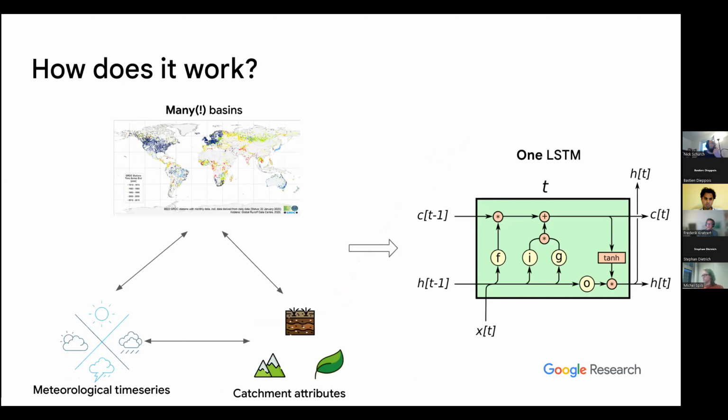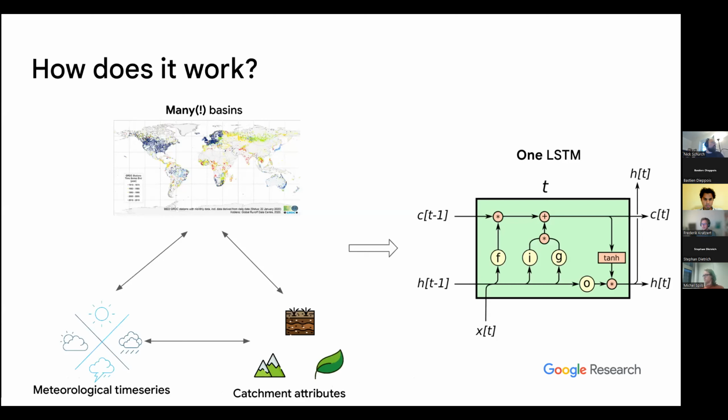Okay, so how does it work? Right, we're here. So you need basins, many basins. What many means is still not clearly defined, right? We have a paper where we applied this approach to a benchmarking competition with like 100 training basins.